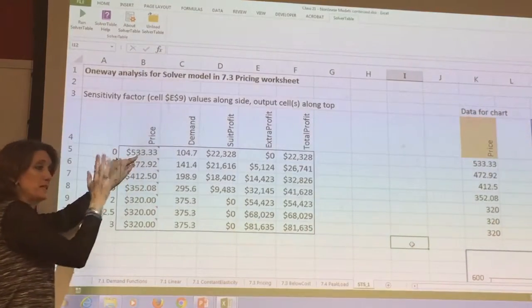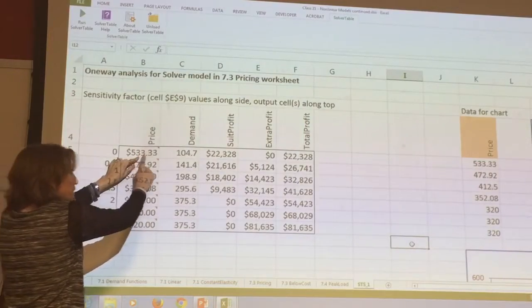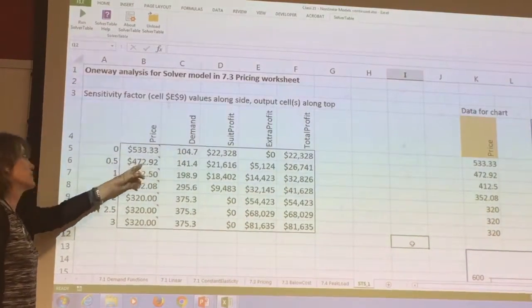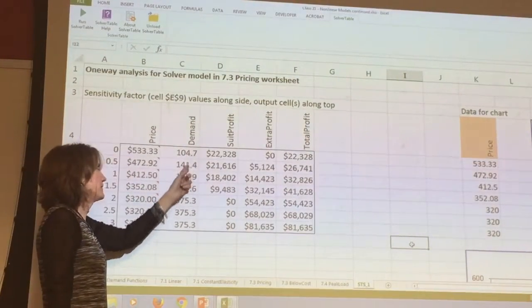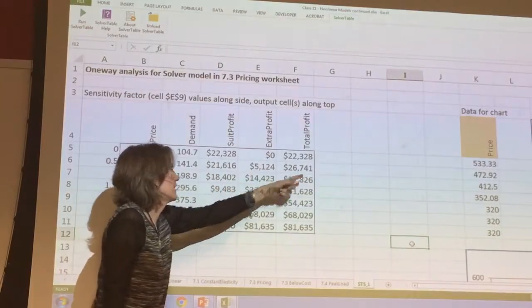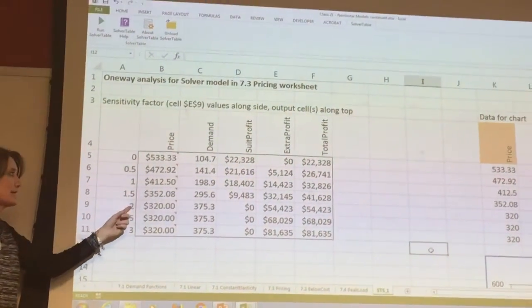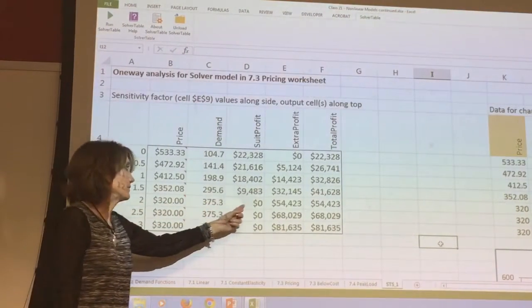If we didn't get any money from any other source, we would price them at $533. That'd be our total profit. If it was half as much, we'd price them at $472, almost $473. Kind of in between demand, a little bit of change here, not quite as much profit as this, but more than that. If I had twice as much demand, price it at $320.